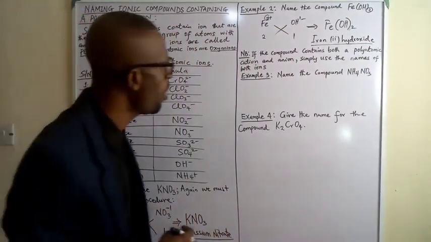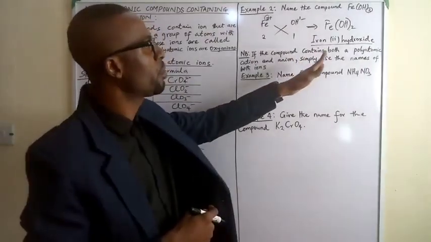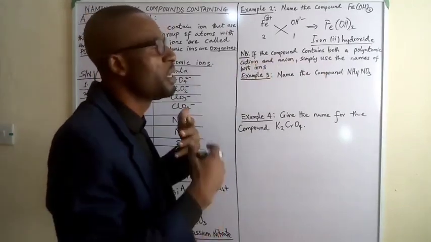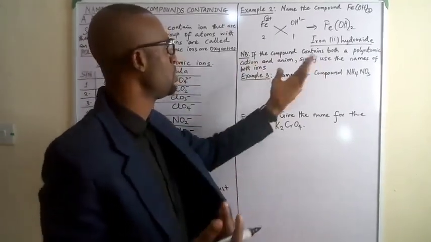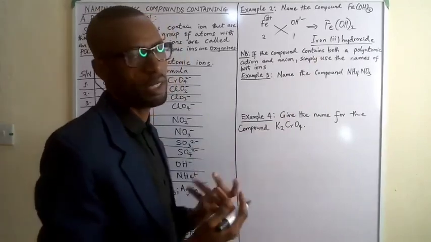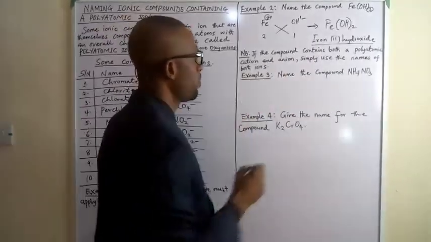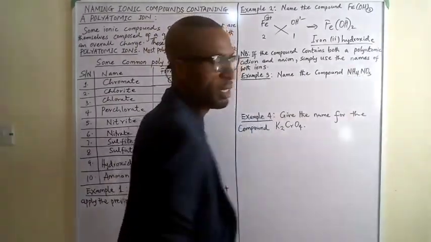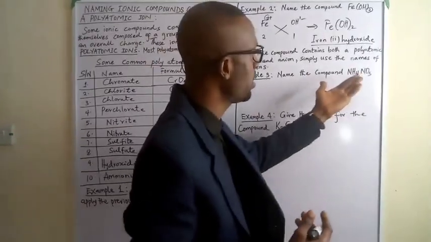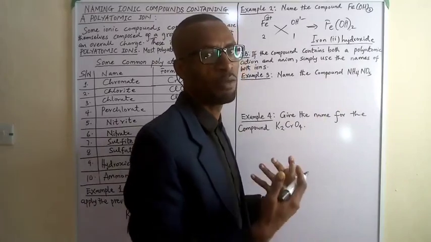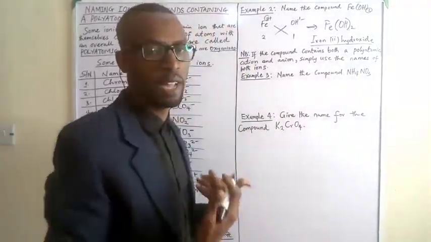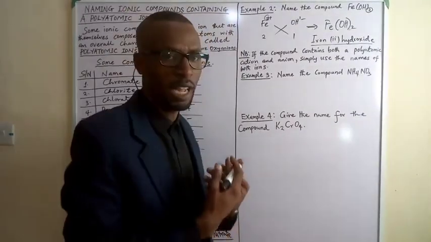Beautiful. But if the compound contains both a polyatomic cation and a polyatomic anion, the only thing you do is simply use the names of both ions. A typical example of this statement is when you have NH4NO3. You see we have a cation and an anion there, and all of these are polyatomic. They comprise a group of atoms that share an overall charge.